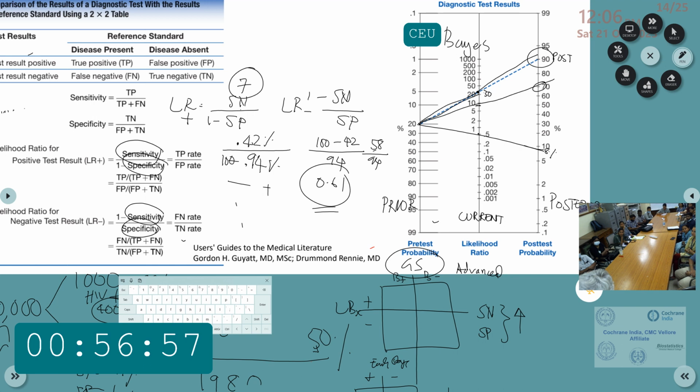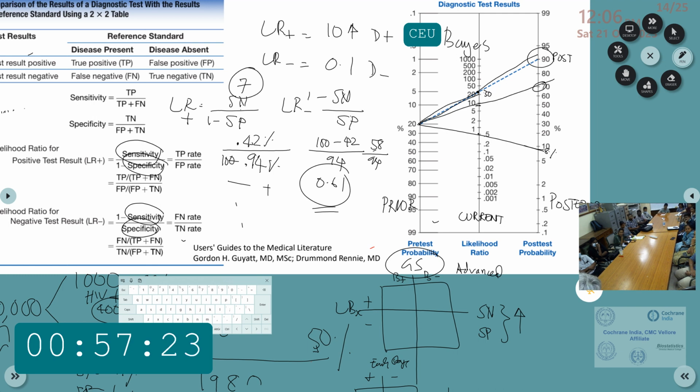What is the simple interpretation of the likelihood ratio? A positive likelihood ratio of 10 or above means people have disease. Any test with a positive likelihood ratio of 10, that means test positive is disease positive, generally. A negative likelihood ratio close to 0.1 means the person doesn't have disease.